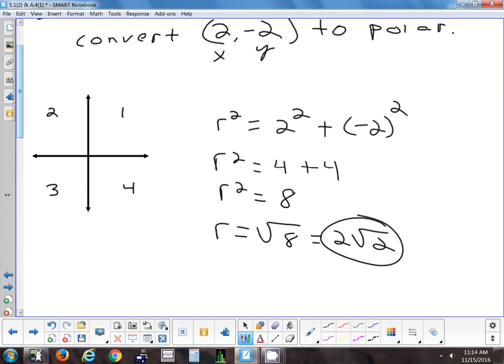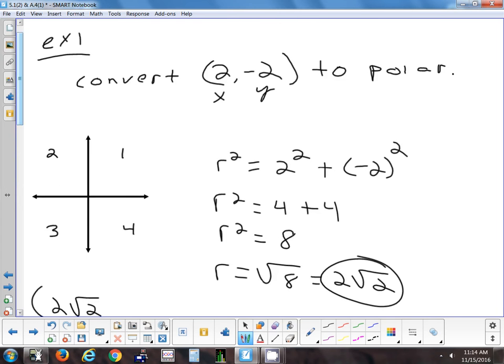Okay, so make sure you reduce it if you can. Okay, so there's my radius. And now I need my angle. Paige, what should I figure out first that's going to tell me which formula to use for my angle? Yeah, I got to figure out what quadrant I'm in. And can you tell me what quadrant 2, -2 would be in?